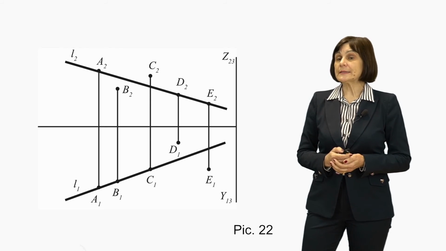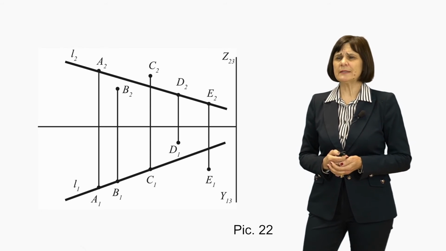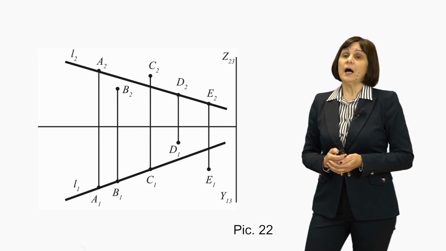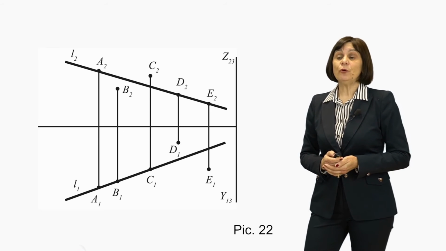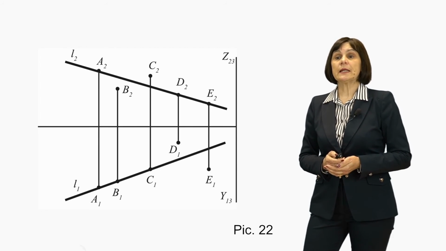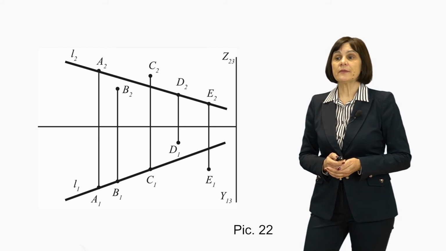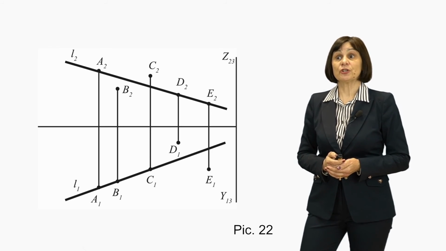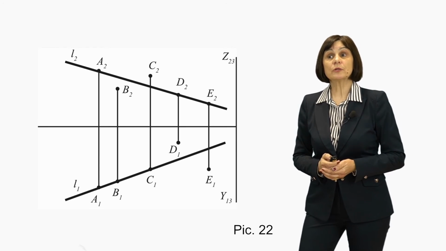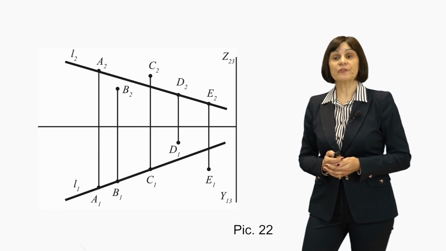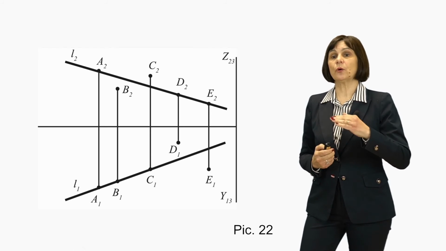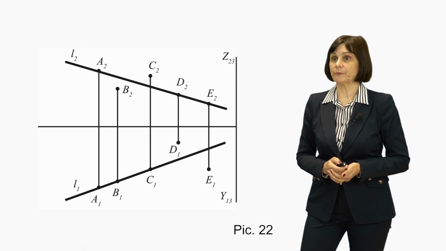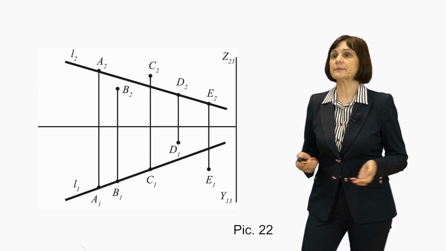Now, second point, point B. The projection of point B is located under the projection of the line on the frontal plane, and on the horizontal plane the projection of point B belongs to the projection of the line. It is located on the line L1. What does it mean for us?